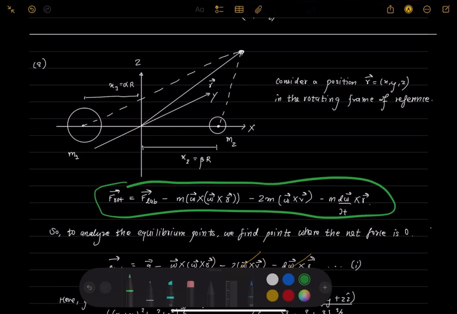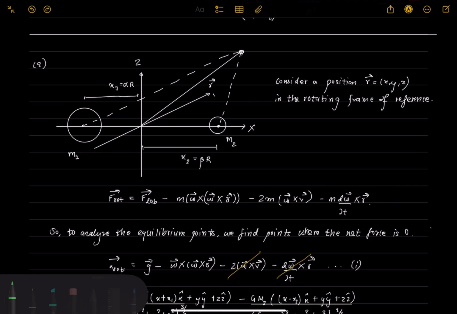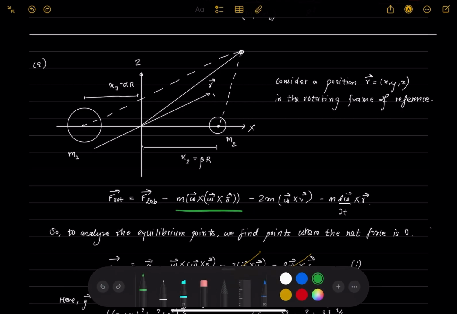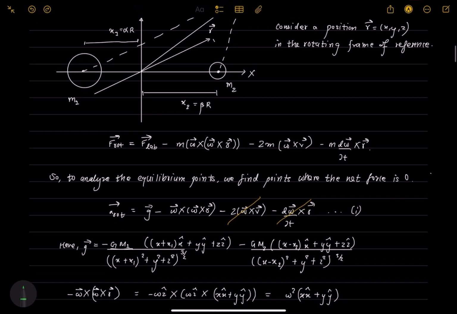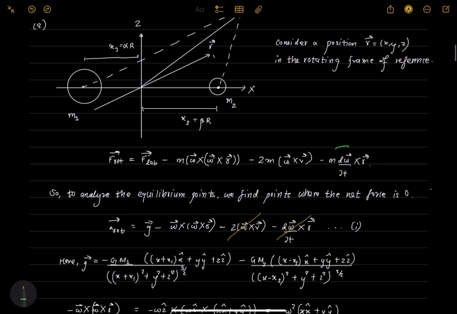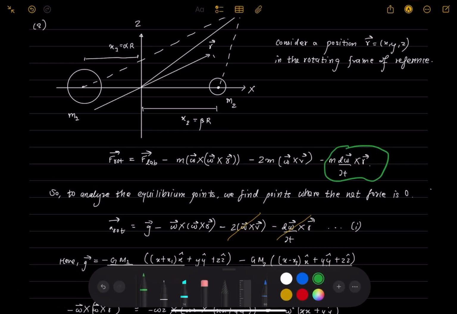So force in the rotating frame will have three additional terms, which we call the pseudo forces. First one being the centrifugal force, the second one being the Coriolis force, and the third one being the azimuthal force.